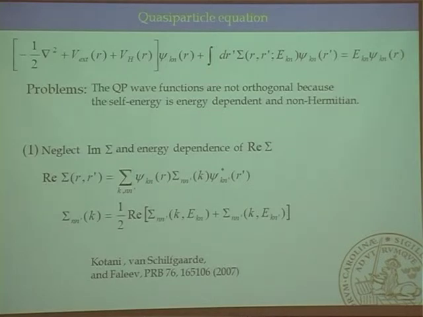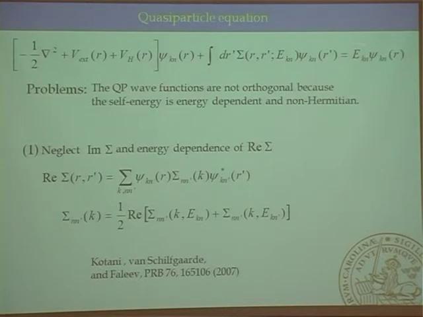So the idea is to do some kind of self-consistent calculation, but restricting the self-consistency at the quasi-particle level. We do not use the renormalized Green's functions, but just the quasi-particle energies. So actually we know the quasi-particle equations.